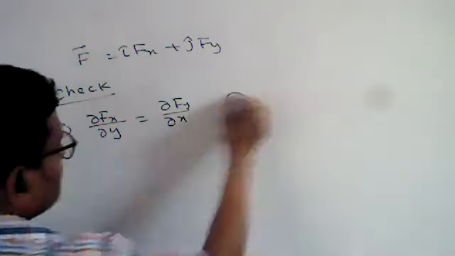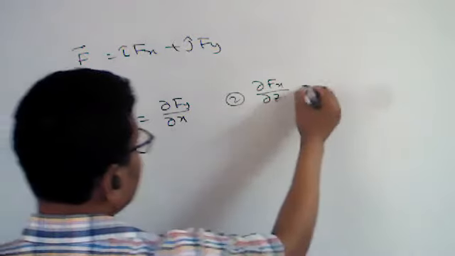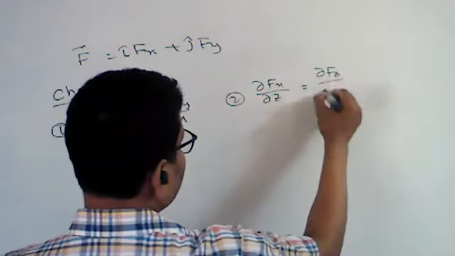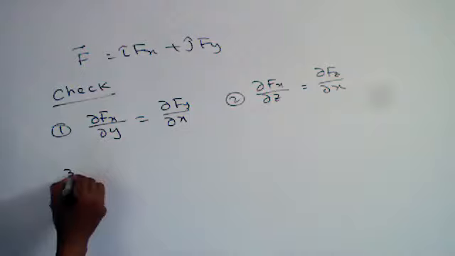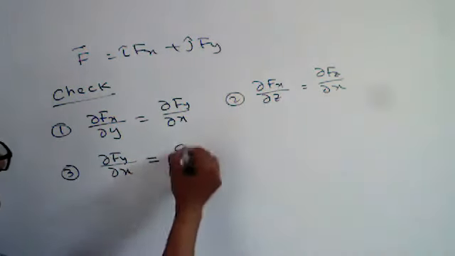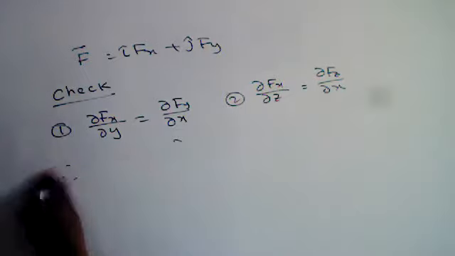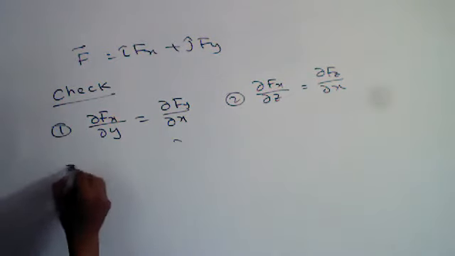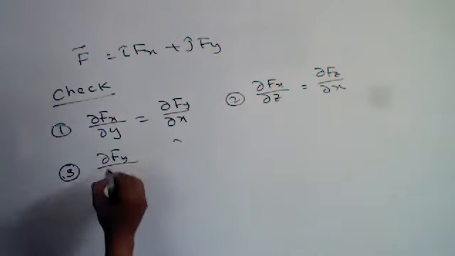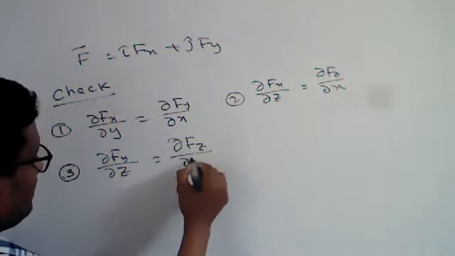Condition number 2: delta Fx by delta z equals delta Fz by delta x. Condition number 3: delta Fy by delta z equals delta Fz by delta y.